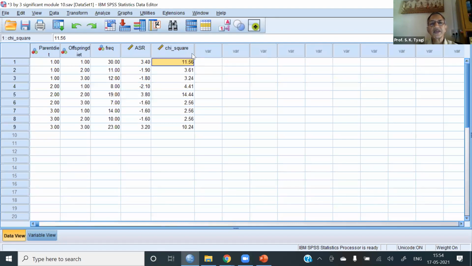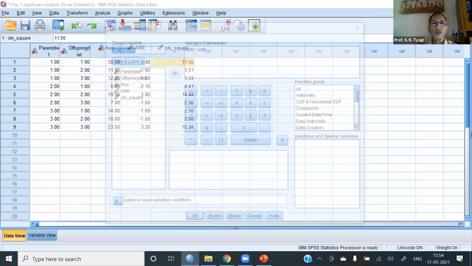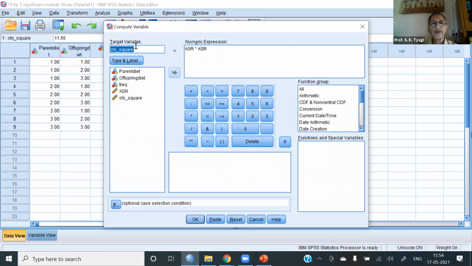Now from this we get the p-value. How? Once again we go to transform, compute, and now we calculate p chi-square, or you just add here p chi-square p. Now, how to find out this? For this there is functional group.